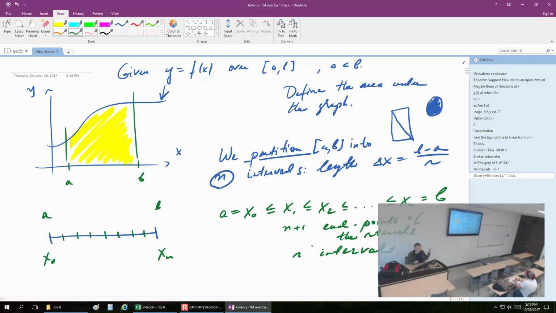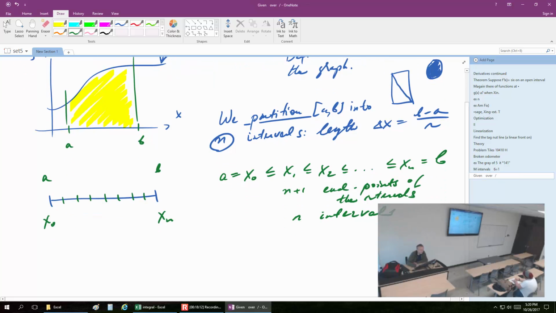So you look at the points, but at the same time you have the intervals. Delta x is the length of the interval, delta x equals (b minus a) over n. It is also the width of each bar. They all have the same width. So that's number one. Number two, the heights.